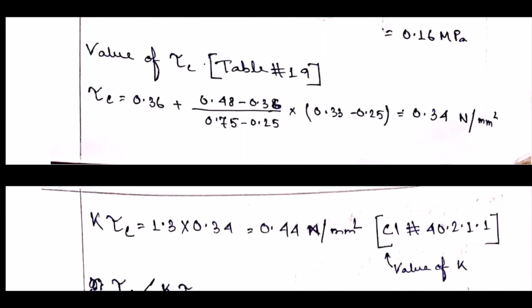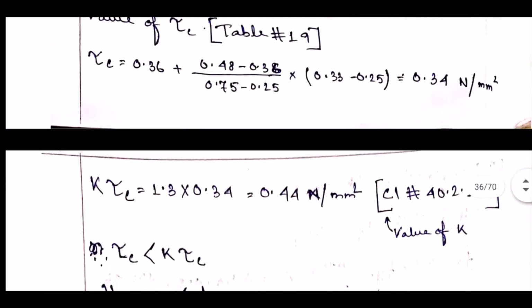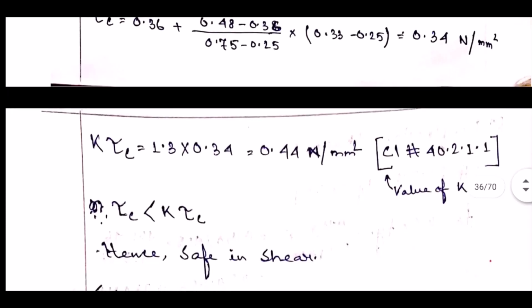So K tau C is equal to 1.3 into 0.34, that is equal to 0.44 Newton per millimeter square or megapascal. So tau C is less than K tau C, hence safe in shear. That means no shear design is required for this case.